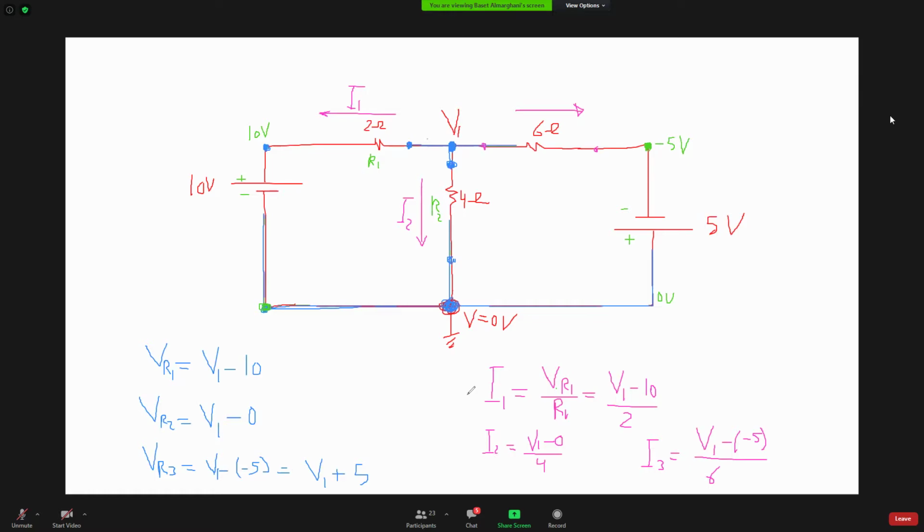That is Ohm's law. Now what if someone says, I'm going to change the direction of this current. Not this way, this way. What will be the current now?